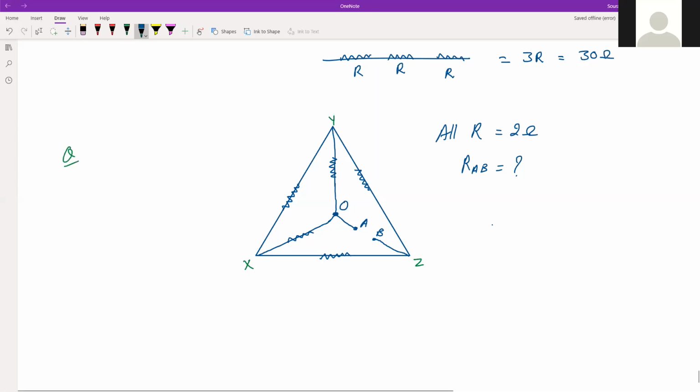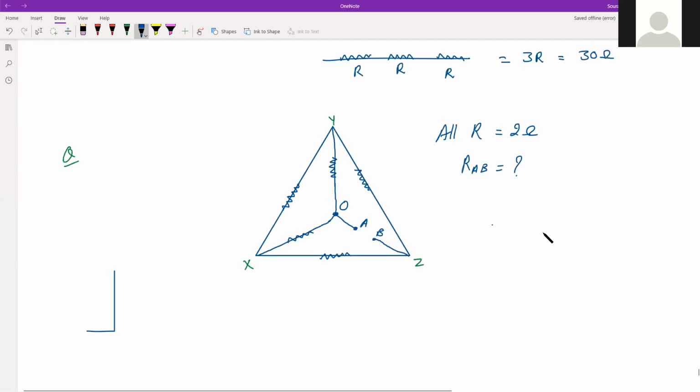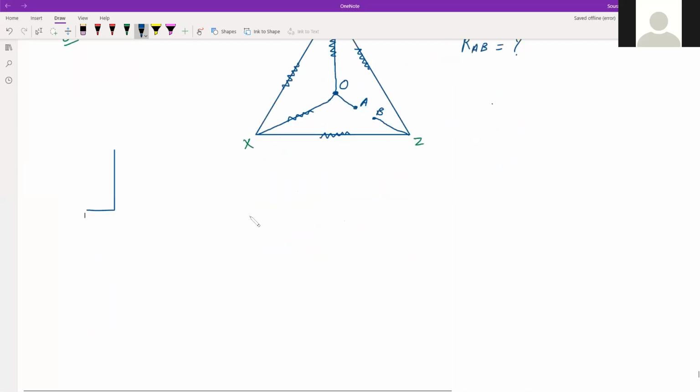So now comes the simplification. So what we are doing now, from A, if this is A, from A you move to O, and at O you have two options.